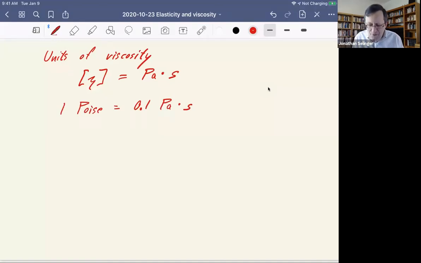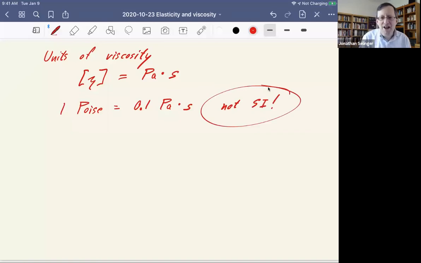Just be careful with that, because that is not an SI unit. If you plug it into an equation, you will get the wrong answer by a factor of 10 unless you are careful to convert things into SI.